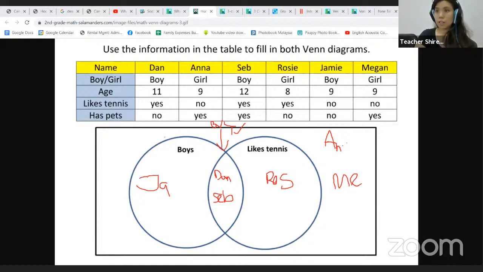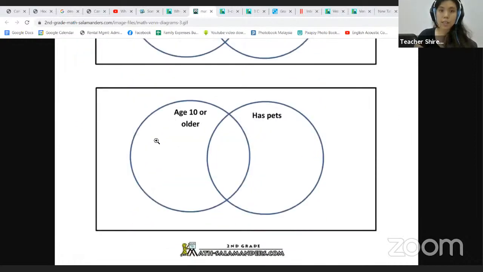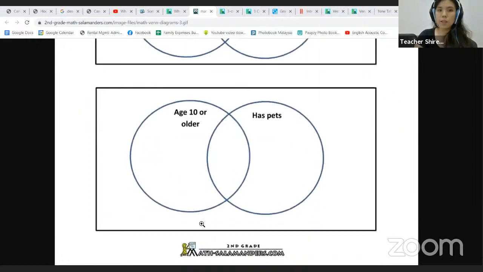Okay, so I think some of you got pretty much all correct. Okay, so that's pretty much for today's work. This one I'll need you to do by yourself. Same thing, do it by yourself. All right, so that would be the homework we are doing today, everything about filling in the blanks of the Venn diagram.